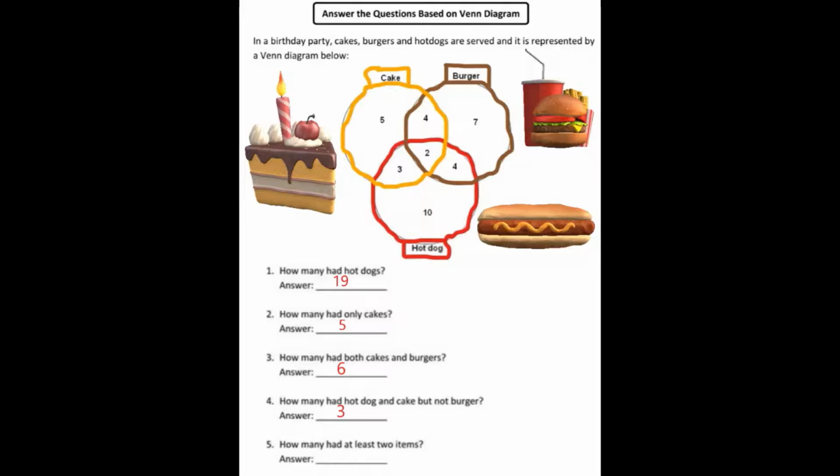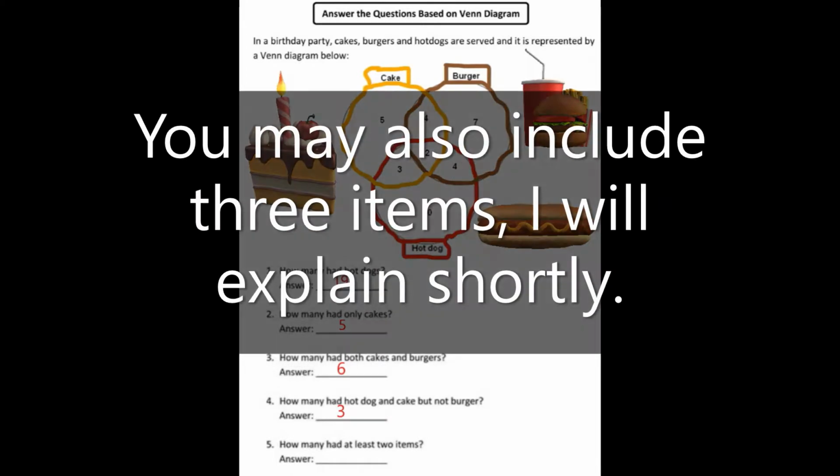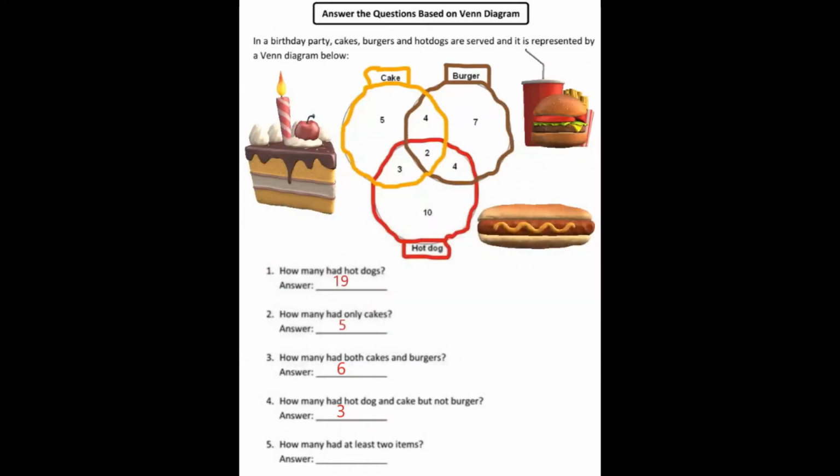Okay. Number 5 says how many had at least 2 items. Wow, very specific. So they want to know how many people had two things, not one, not three, two things. Okay, so in this one we have to look at this very carefully here. So again, we're just going to look and see where the Venn diagrams intersect.